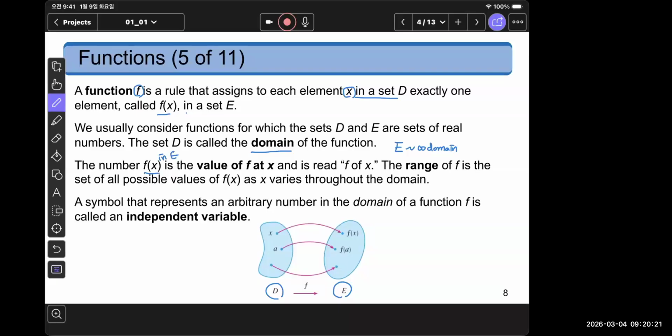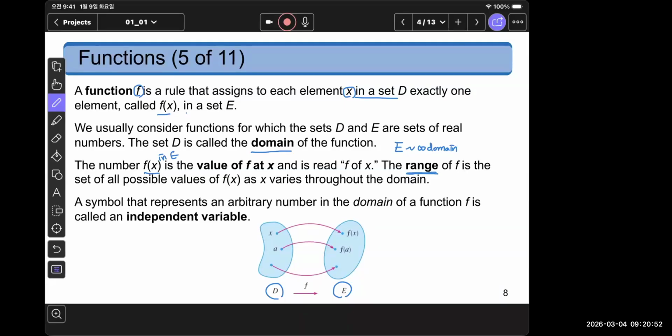And if I collect all the possible values of f of x, then that collection will be called the range of the mapping. Okay? So that is the definition of a function, domain, codomain, and range.